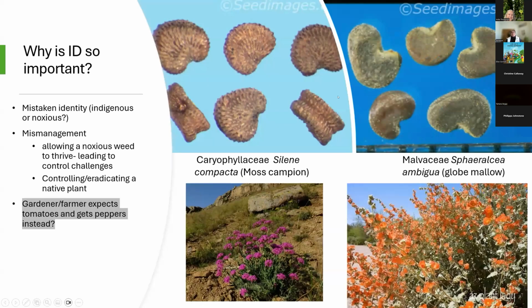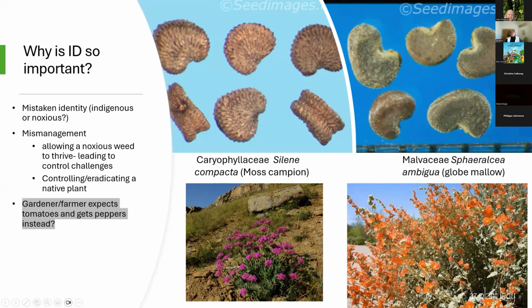Another example, a couple of the native plants that are prevalent in the Southwest. Again, if we were collecting seeds from these plants in the wild, we would have no problem identifying that they're different, that one is the globe mallow and one is a Silene compacta.